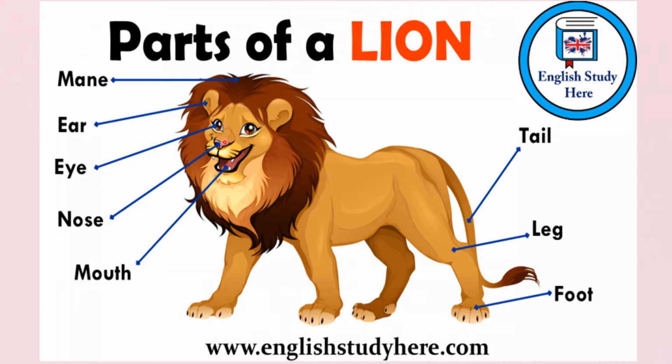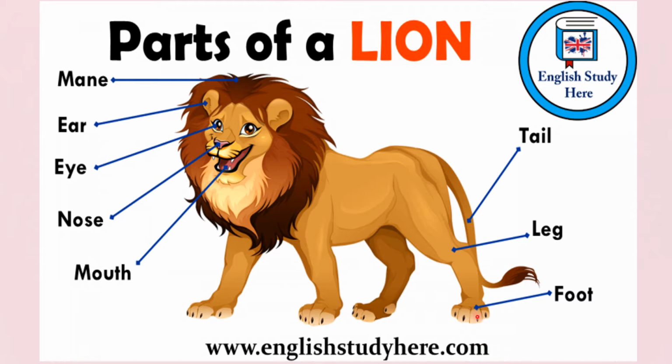A lion has 1 nose. Mouth. A lion has 1 mouth. A tail. You can see this tail. Lion has 1 tail. Leg. A lion has 4 legs. 1, 2, 3, 4. A lion has 4 legs.